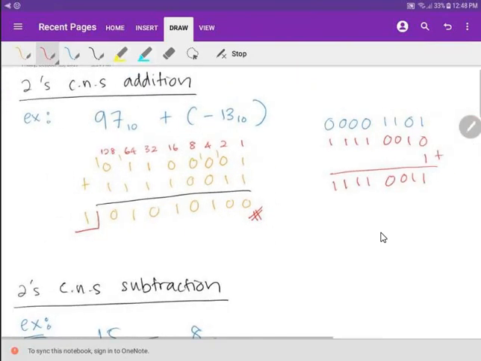Again, don't worry about writing, worry about understanding. Are you able to understand? Sure. Anything which is unclear? Shall we move to the next example?